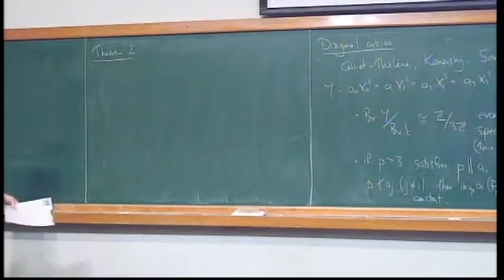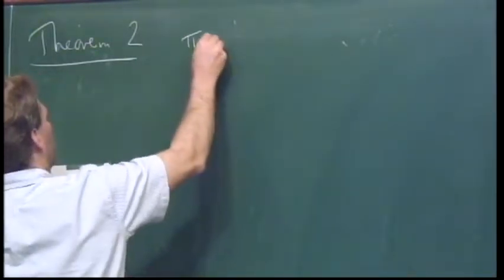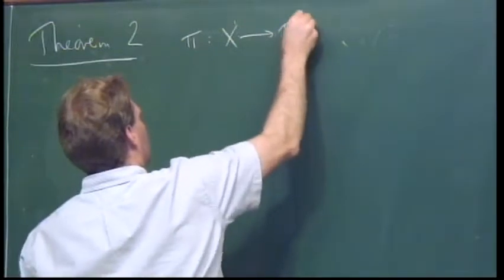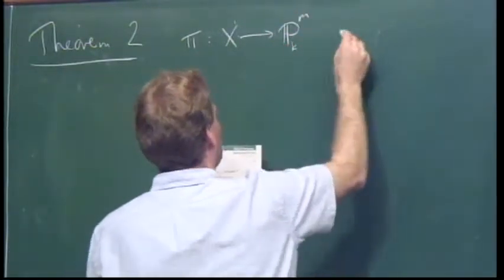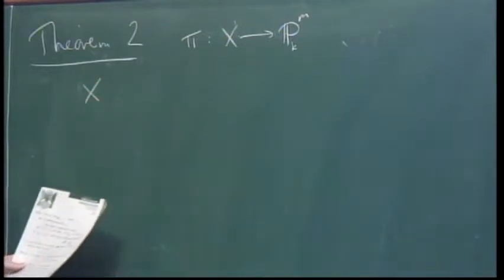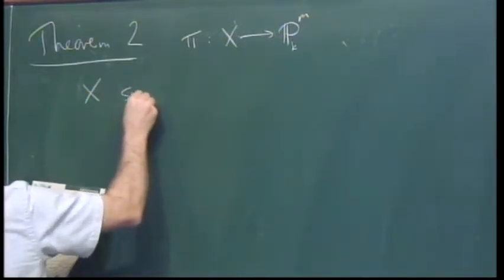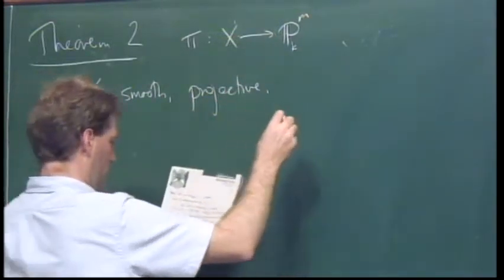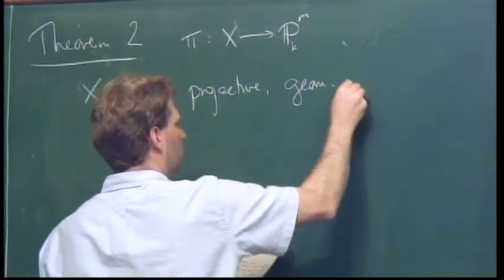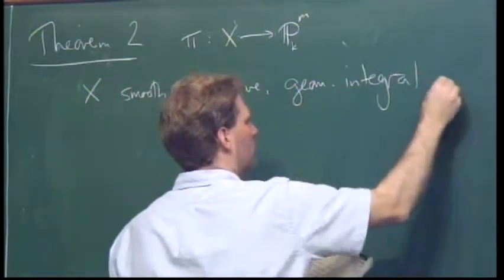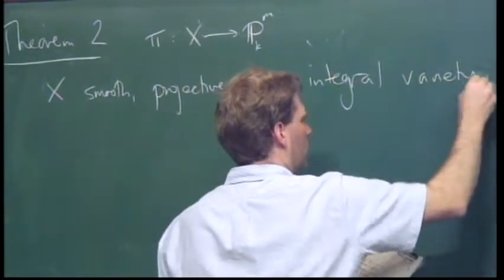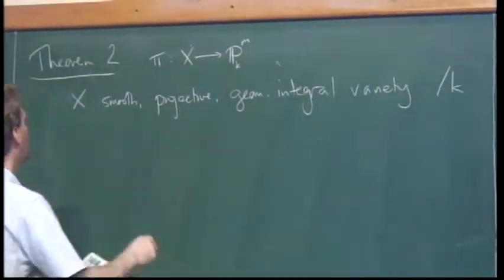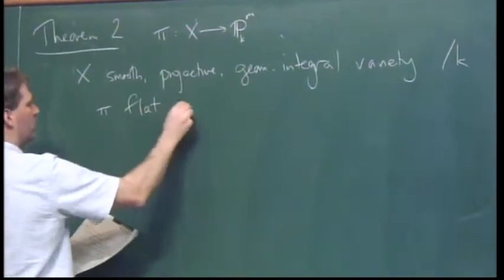So Theorem 2 is essentially the generalization of this as far as we could generalize it. So we're going to take π from X to P^m over k. X is going to be a smooth, projective, geometrically integral variety over k, and π is going to be flat and surjective.